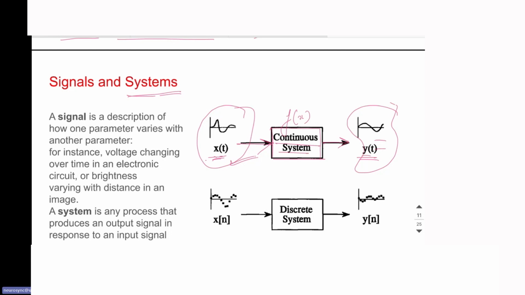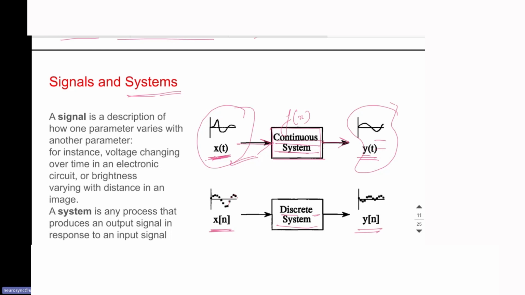Now, what is a system basically? Here, this is the continuous system, we say, and this is the discrete system. In the continuous system, you can see this is x of t. In the discrete system, the input signal is x of n, which you need to represent very carefully: x of n in square brackets, y of n in square brackets, and the signal is represented with samples, not like continuous time.